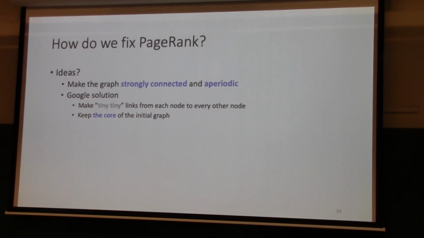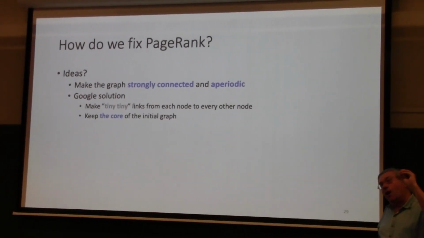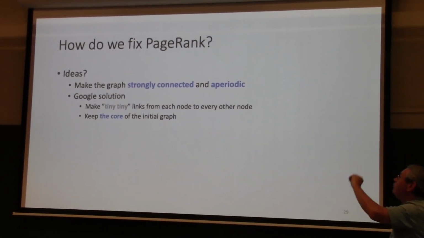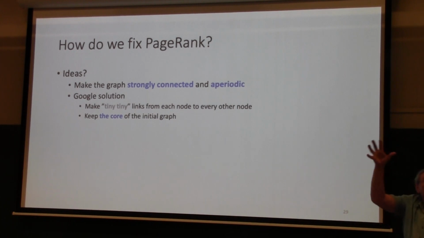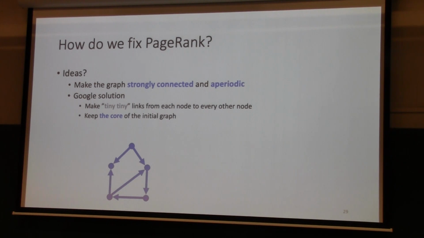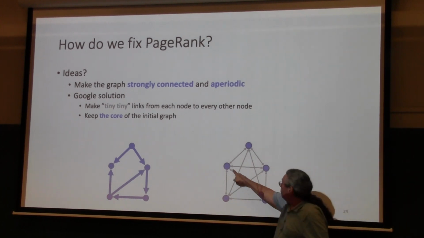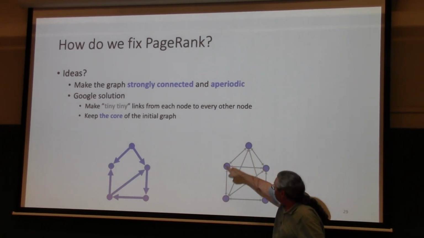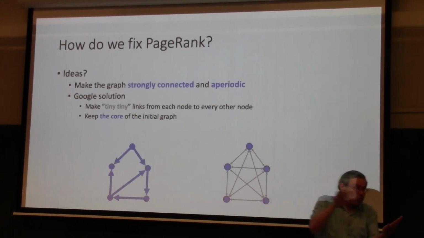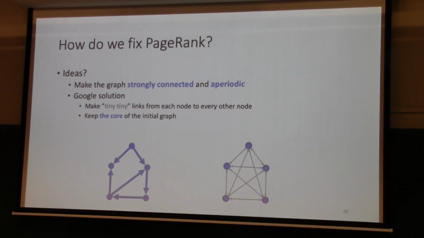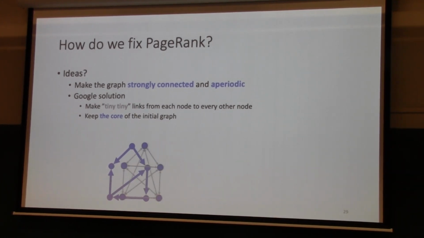So this is the evaporation. That means there's a small probability of jumping from any node to any other node, but the main graph is still the same. So here's your main graph. Then you have another graph with very tiny probabilities between every node and every node, and you basically sum them together.